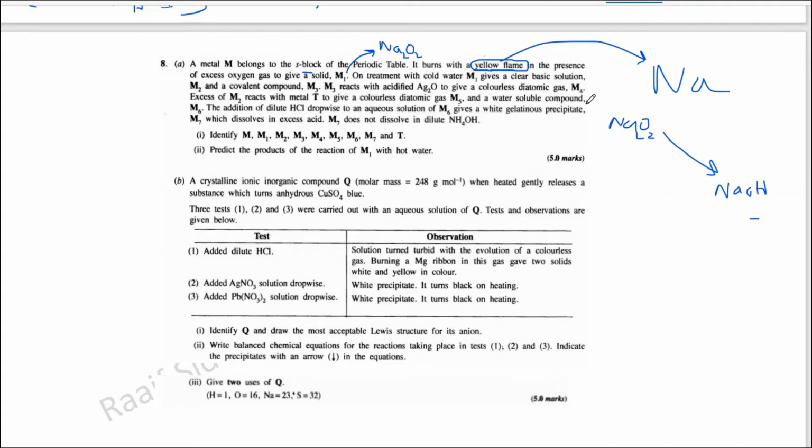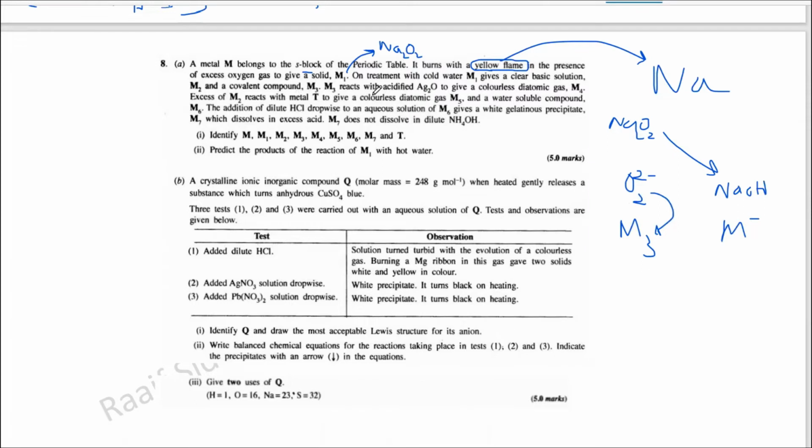So it will give NaOH and a covalent compound. Think about this: there is O2 2-. What is this covalent compound that is going to form? This is called M3.